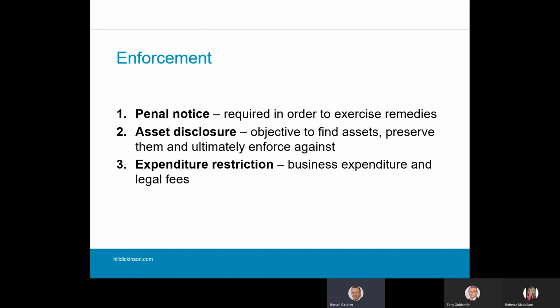The third element I'll refer to is the expenditure restriction, and Rebecca has indicated the liberties which a party subject to a freezing order may have. But if you're faced with somebody who, for example, is in breach of a freezing order or in breach of other orders of the courts in the proceedings in which you're involved, it's sometimes possible to have those restrictions released.